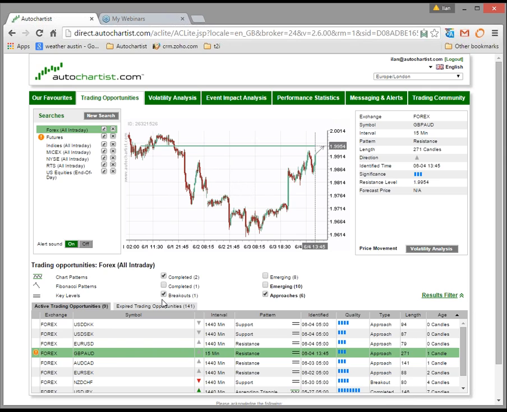So all of you may be wondering, when I started this presentation, I had these three tick boxes checked, right? The completed chart patterns, the completed key levels, and approaching key levels.